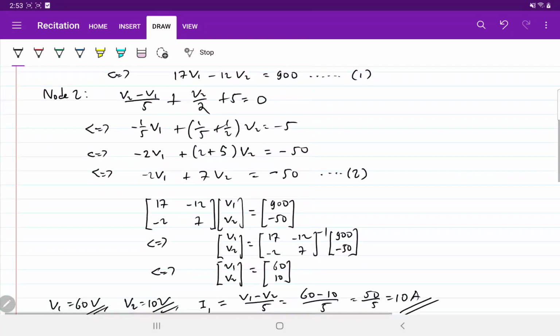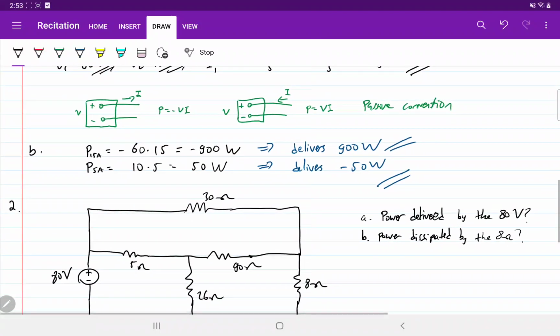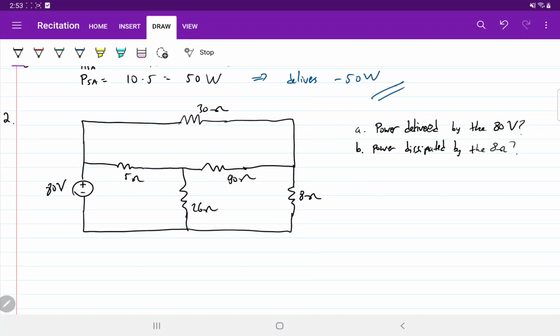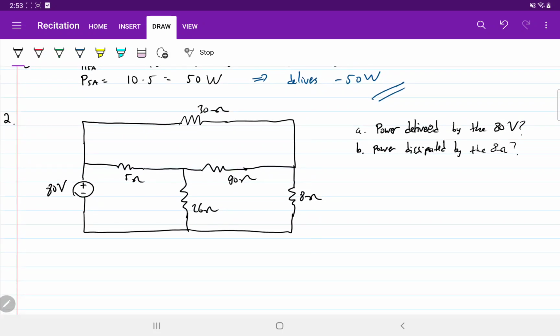In the second problem we need to use a different technique, which is the mesh current. So it is similar to KVL, Kirchhoff voltage law. So we define three loops because we have three loops or three meshes actually.